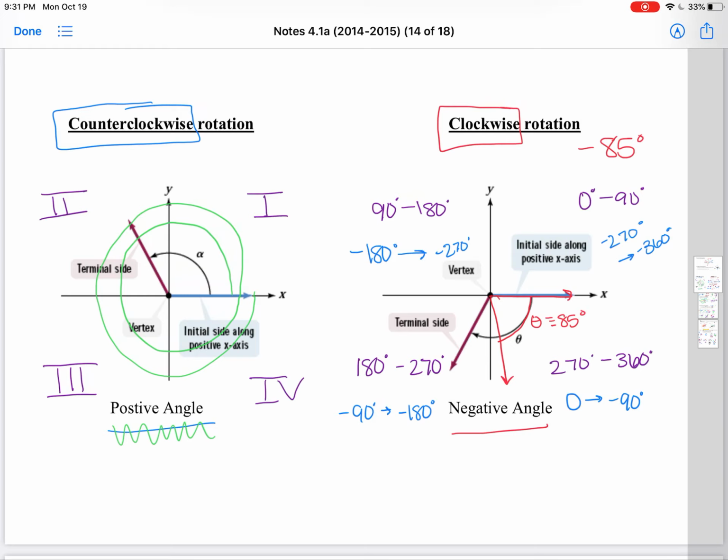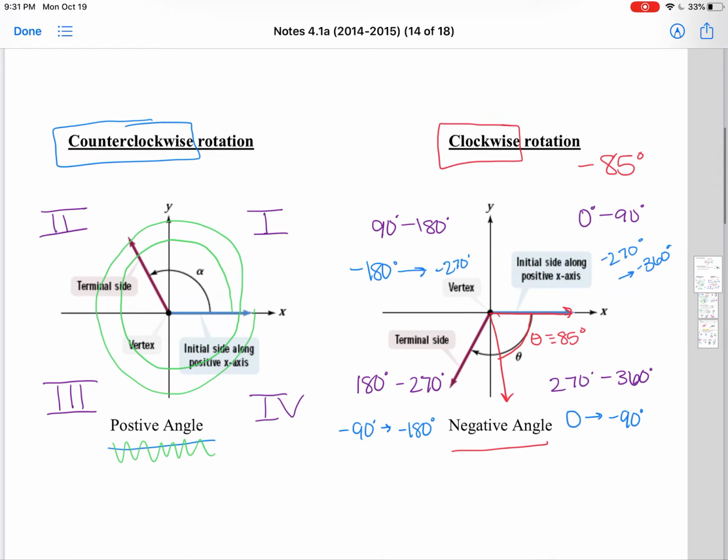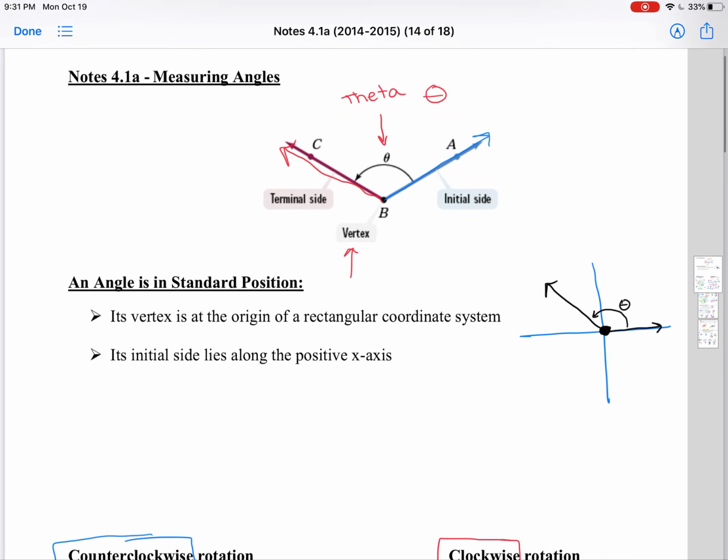That is all the takeaways, and of course, if we talk about positive angles, you are moving counterclockwise, and if we talk about negative angles, you are going to move clockwise, so forwards as opposed to backwards.